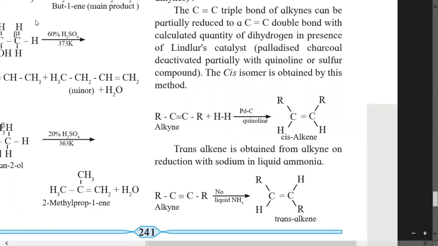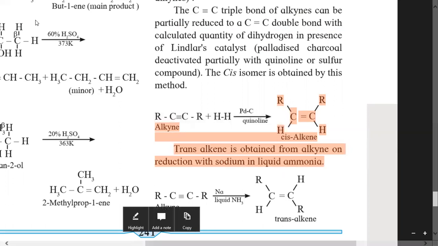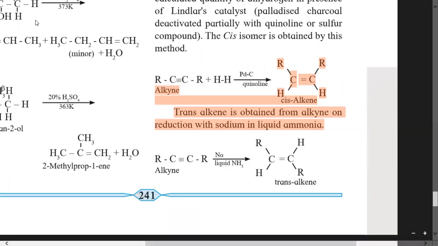Here addition of hydrogen takes place from the same side of the triple bond, hence we get cis alkene. The trans alkene is obtained from alkyne on reduction with sodium in liquid ammonia. Remember this cis and trans alkene formation. In the presence of Lindlar catalyst, we get cis alkene, and in the presence of sodium and liquid ammonia, we get trans alkene.